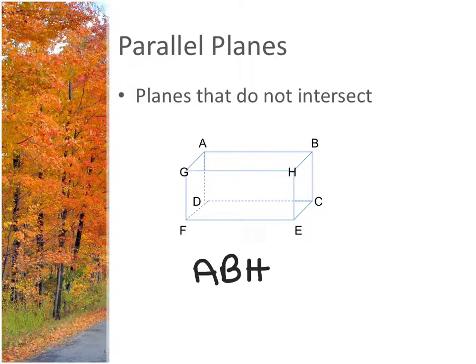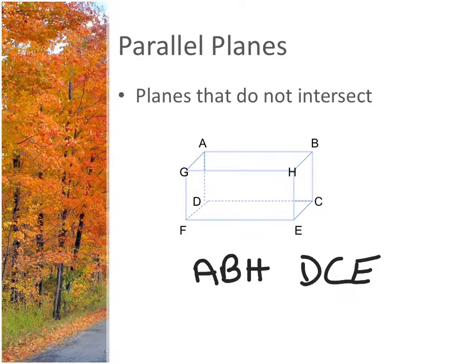And what would that be parallel to? It would be parallel to plane DCE. Good, DCE, the bottom. Now, in your textbook, if you happen to look for examples, you could also name the plane with all 4 letters. But generally, all you need are 3 non-collinear points to name a plane.